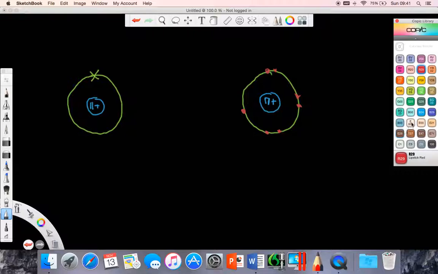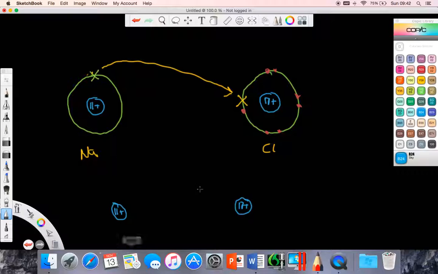So what would be a really quick and easy solution to this problem for sodium and chlorine would be for sodium to give this electron to chlorine, like that. As a result, this atom would lose its electron, this one would gain. And we could draw these atoms again. We could say that chlorine still has its 17 protons, which are stuck in the nucleus. Sodium still has its 11 protons that are stuck in the nucleus.